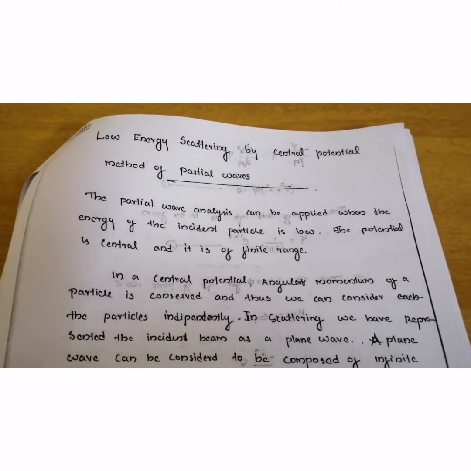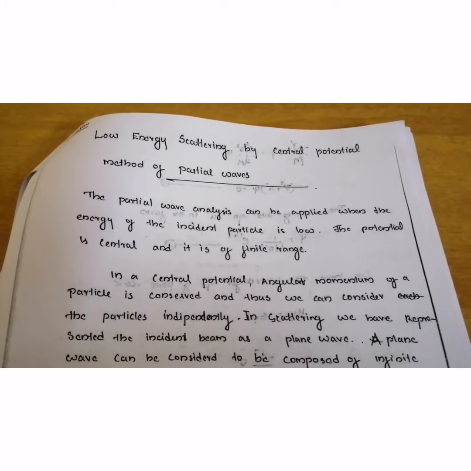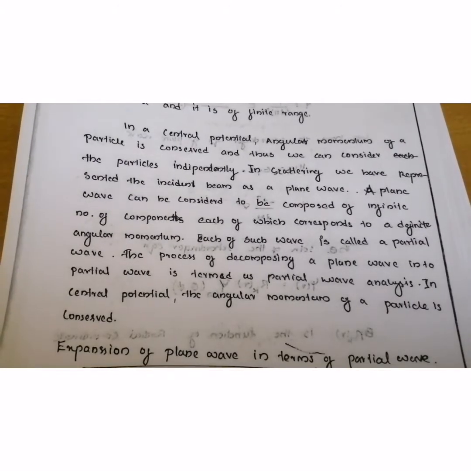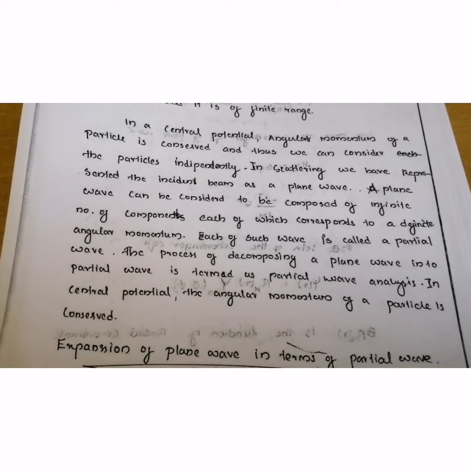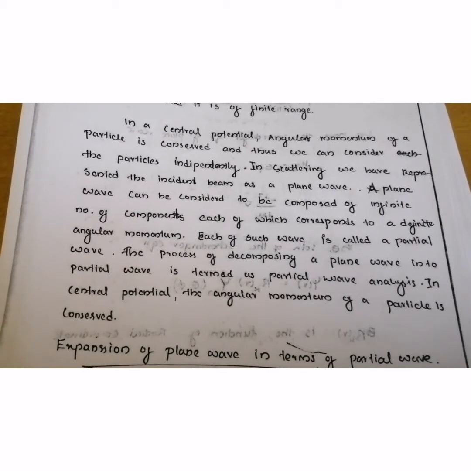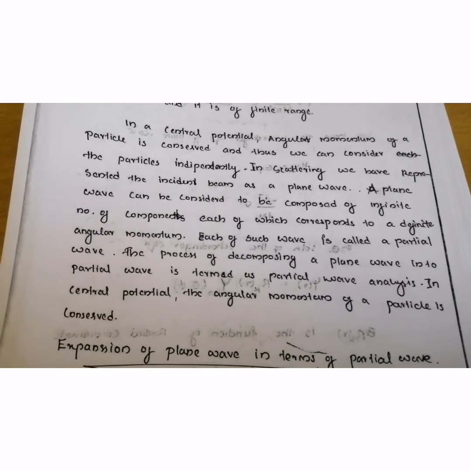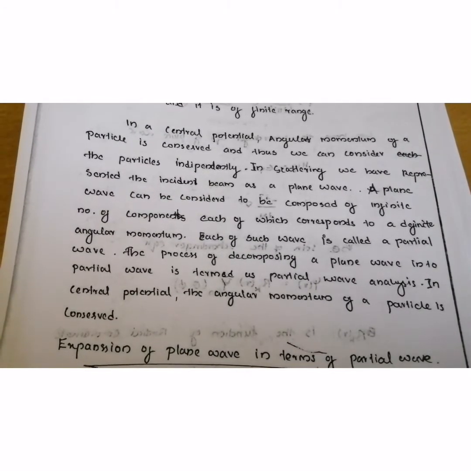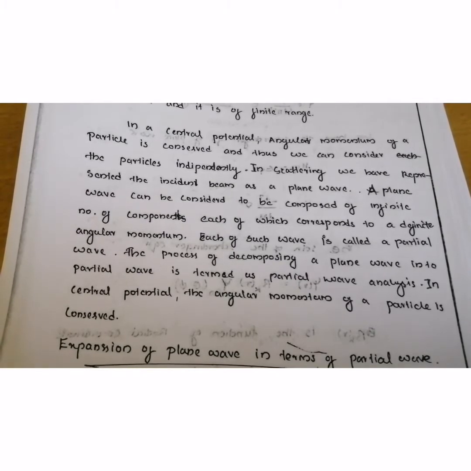In a central potential, the angular momentum of the particle is conserved, and thus we can consider the partial waves independently. In scattering, we can represent the incident beam as a plane wave. A plane wave can be considered to be composed of an infinite number of components, each of which corresponds to a definite angular momentum.